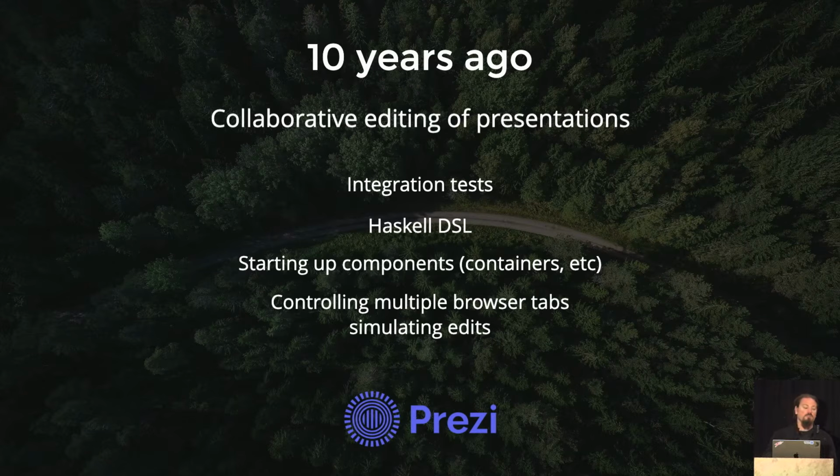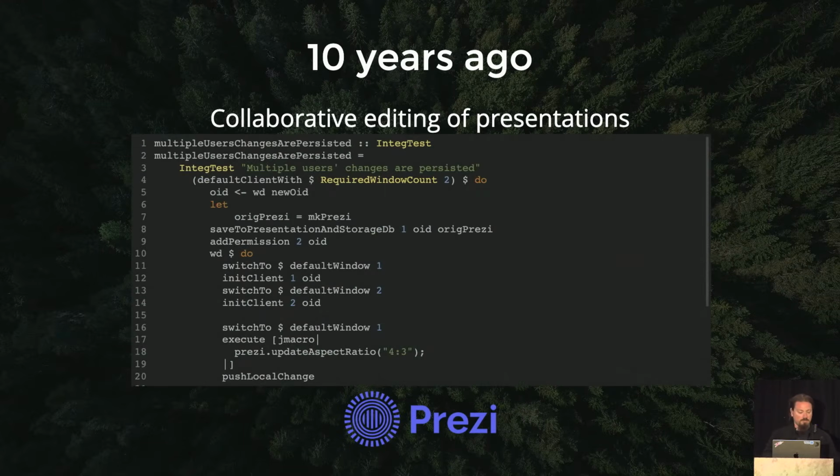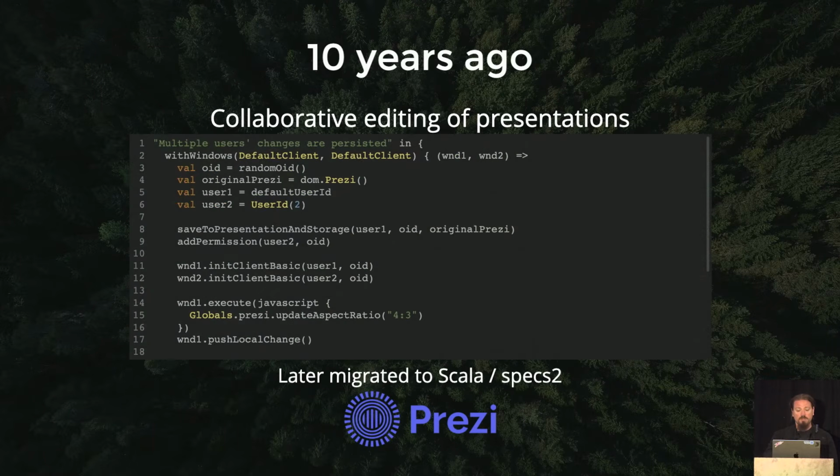And it was controlling multiple browser tabs, and in each of these tabs, it was simulating the presentation editor, connecting to our server, and doing parallel edit operations on the documents. So here's an example of this early Haskell integration test framework. And later, actually, we had to migrate the whole thing into Scala because we ran out of Haskell developers.